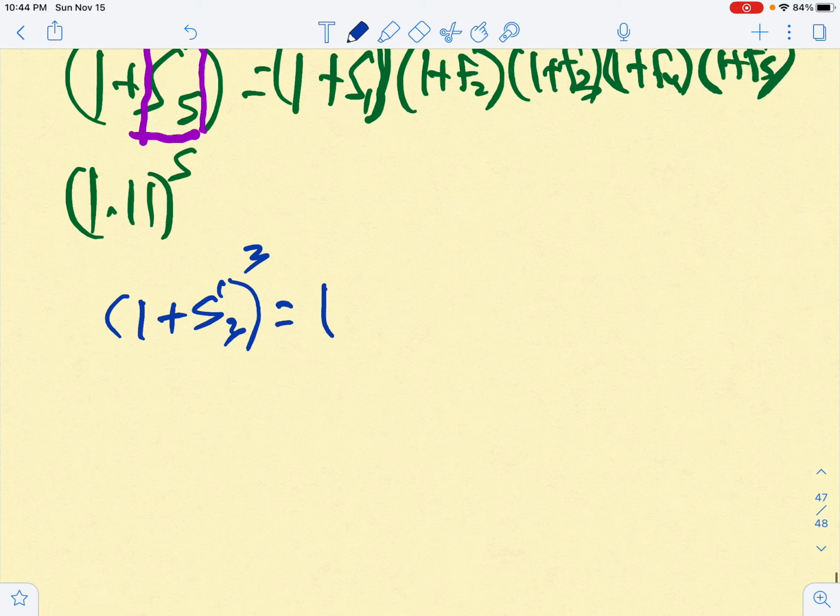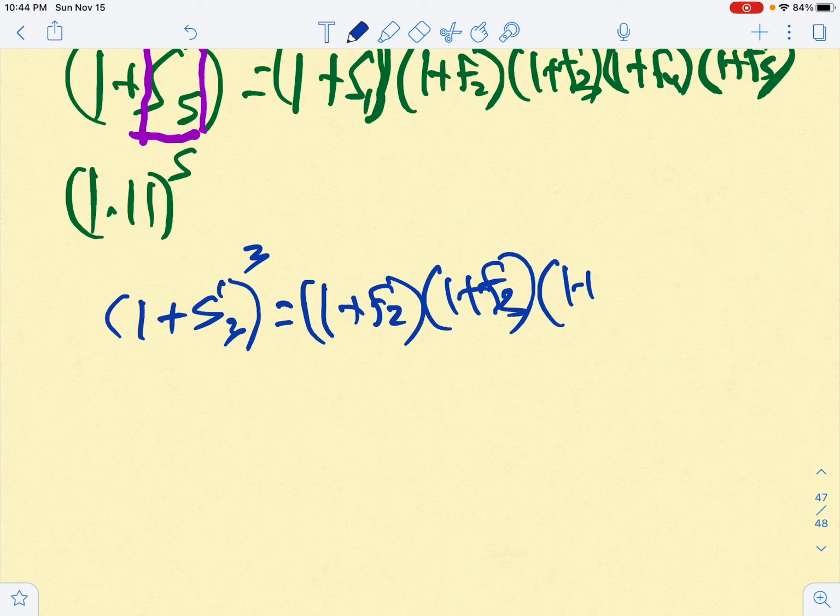And so it would have to equal 1 plus F2 times 1 plus F3 times 1 plus F4. It would have to, because of our assumption that the pure expectations theory is correct and complete.